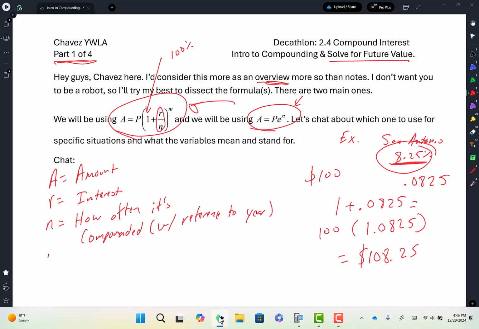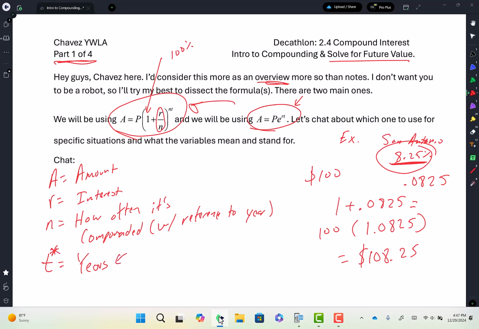And then t, because we're talking about money, is going to be in years. But this actually depends, because this is an exponential function. It could be in reference to a decade, an hour, or, if you've done half-lives or doubling times, it just depends. But when we're talking about money, it's usually going to be in years.